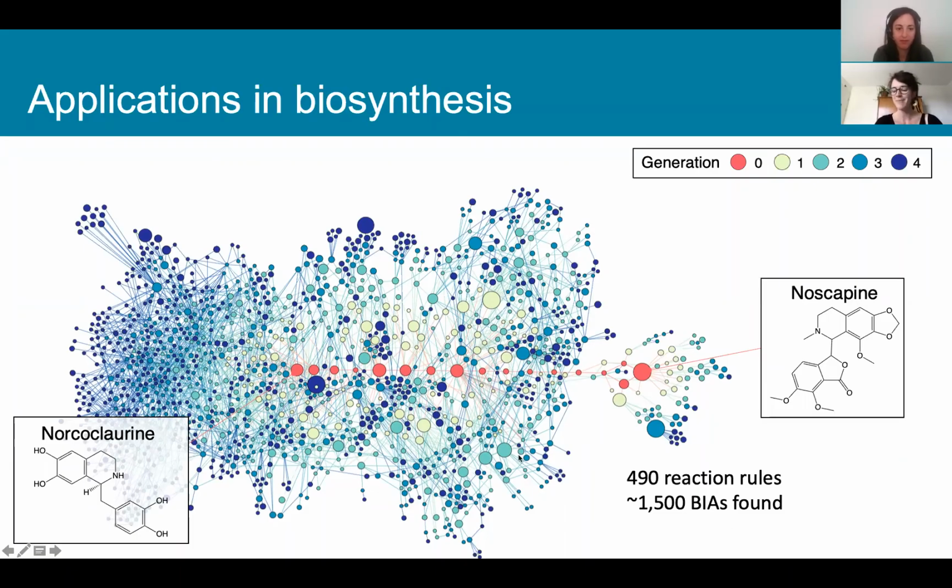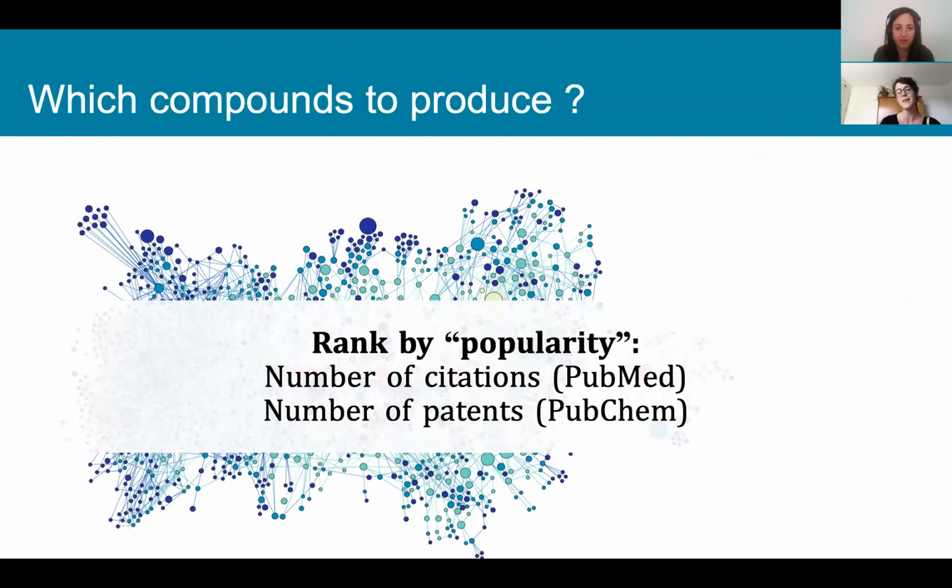And then our question was now, which of them do we want to produce? And for this, we tried to rank these compounds by popularity. So we went to PubMed and PubChem, and we checked how many citations and how many patents were associated to these compounds.